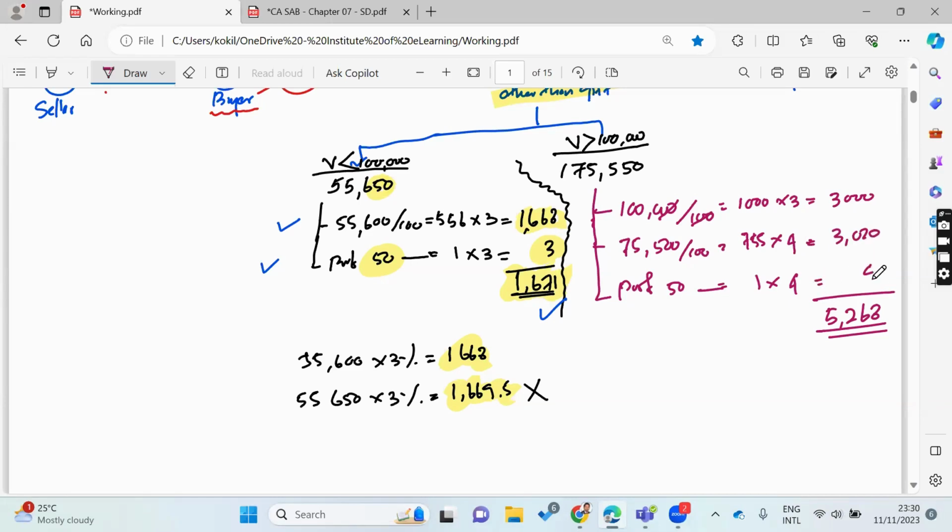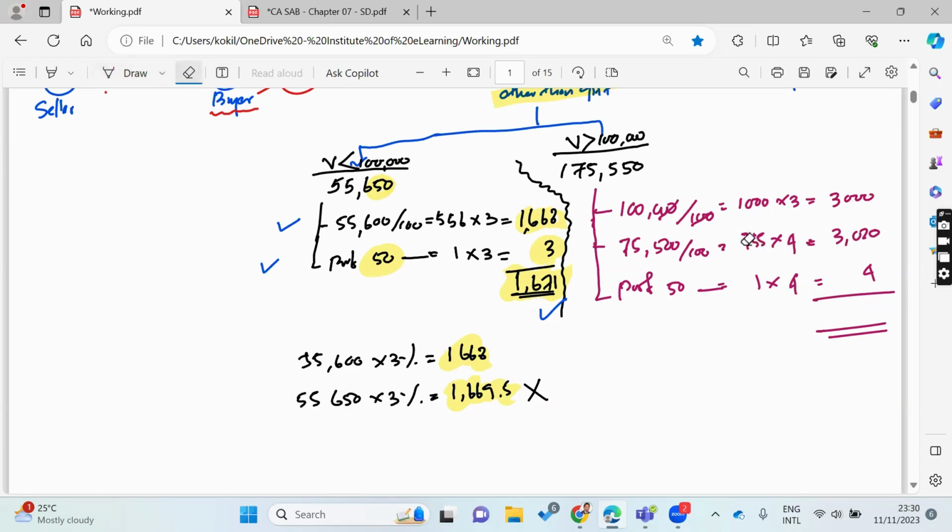Then for the part you get 4. Altogether, the answer is 6,024.